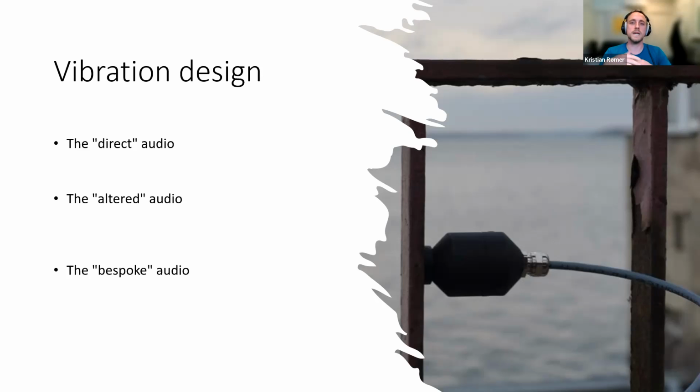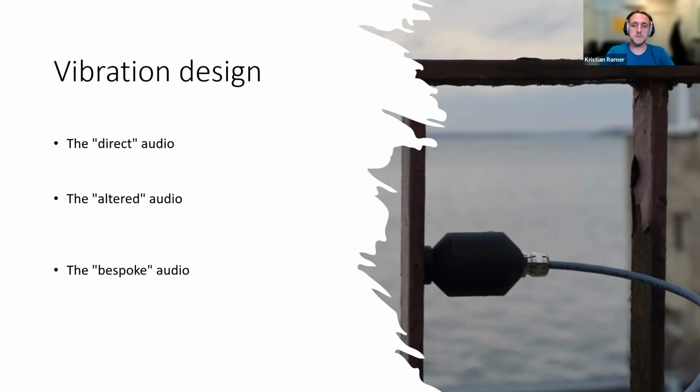That could be way too much and overpowered. So in the altered approach, you take the sound source as you have it, and you open it in your DAW or using some of Sony's vibration tools, and you alter the sound source to better fit the purpose. Maybe you want to make the main part of the impact more powerful, or you want to tweak some elements out or remove other elements.